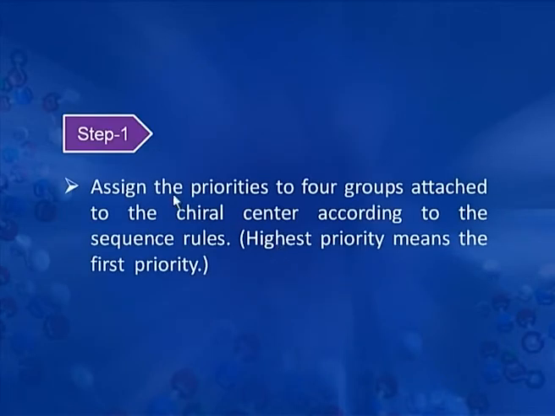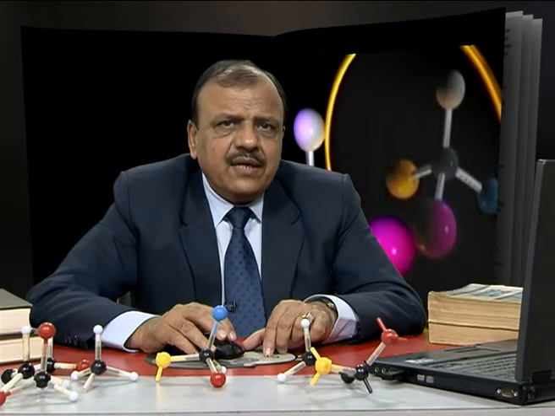Step 1 is to assign priorities to the 4 groups attached to the chiral center according to the sequence rules. These sequence rules are the same ones which we have already discussed while discussing E/Z nomenclature for geometrical isomers.